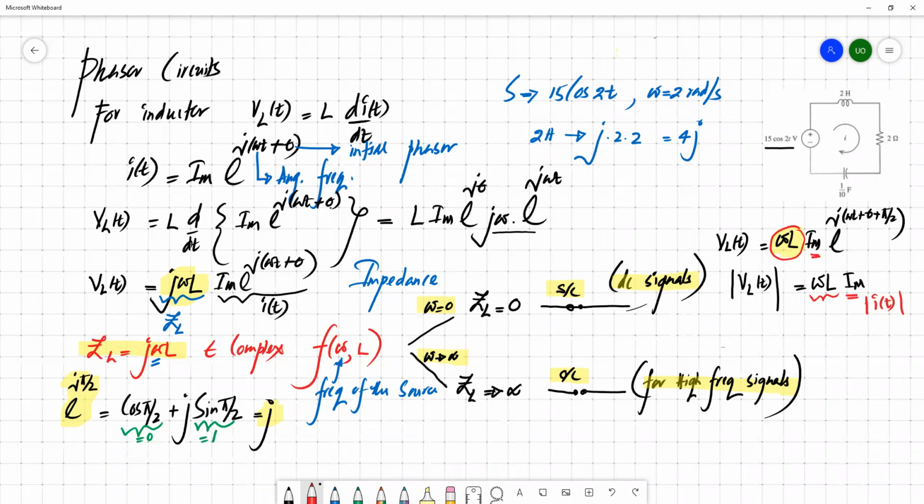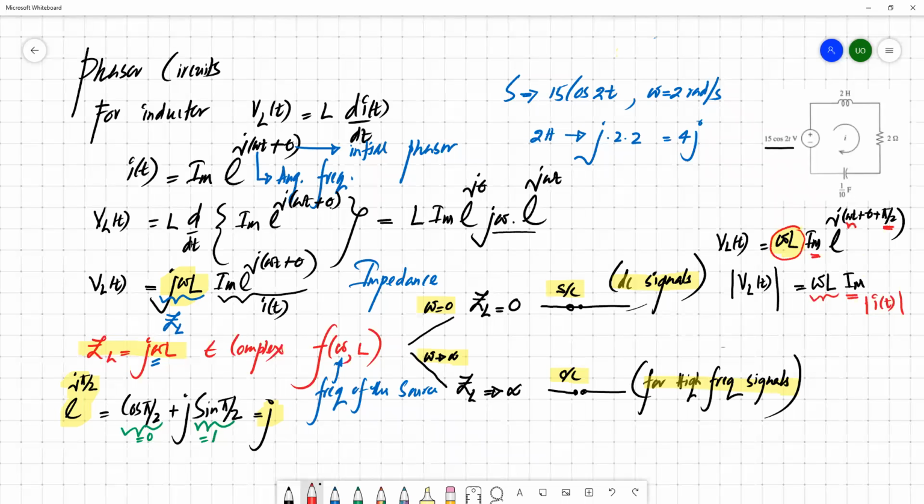So keep in mind, if you have this current, you can easily capture the magnitude of the current, and if you multiply it with the source frequency and the inductance value, you can easily get the magnitude of the voltage. So what about the phasor? With respect to current, the phasor is pi by 2.